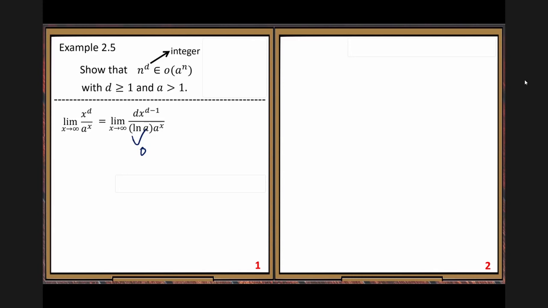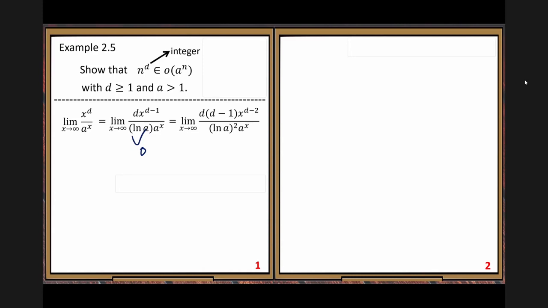But after we apply L'Hopital's rule the first time, if d is a relatively large integer, it is still an indeterminate form. That means we can apply L'Hopital's rule another time. How about the second time? If it keeps the indeterminate form, we apply it all the way down. So the second time, we get this form.